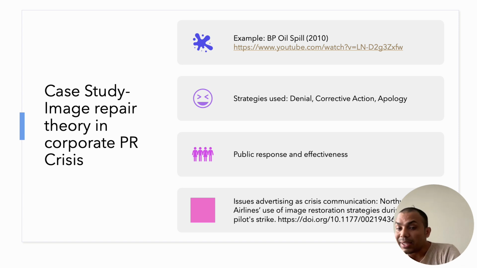But later on they took corrective action and apologized and got ready to compensate those victims. So they followed different strategies: first denial, then corrective action, then again apology, accepting the mistakes and being ready to compensate the victims.